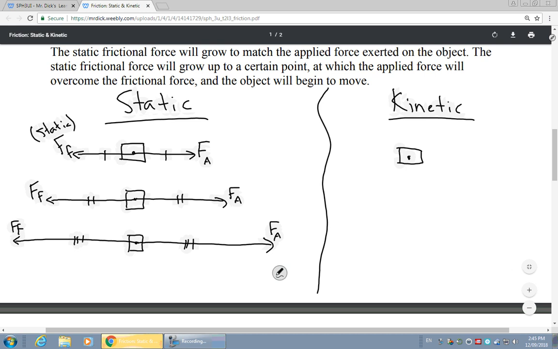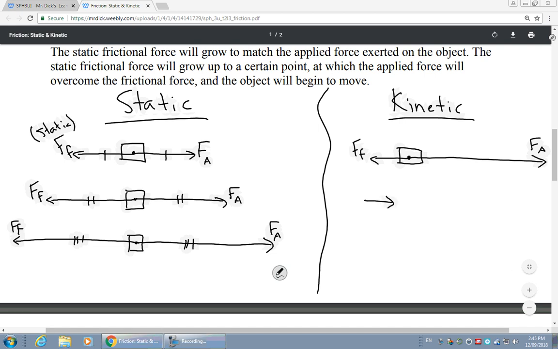Now we'll have some very large applied force to make this all happen, because we've now seen that we would need to apply a very strong force to get it moving, but then it still will feel some force resisting the motion, but just not enough to completely cancel out the applied force, which means it'll just feel some amount of force that's less than the applied force. And so that's something you can make note of specifically in your notes.